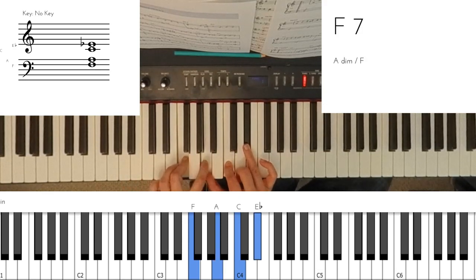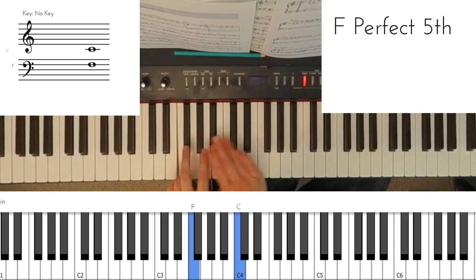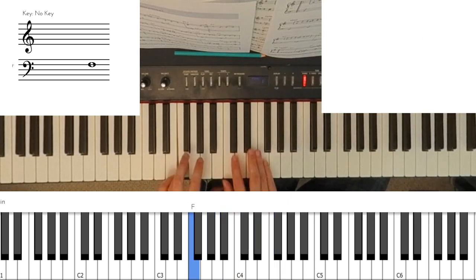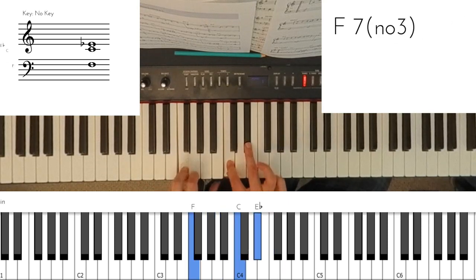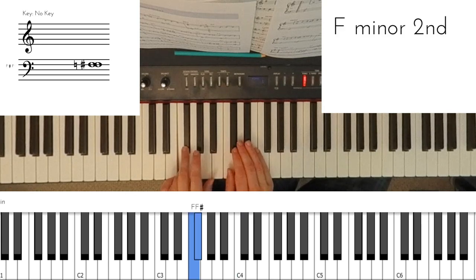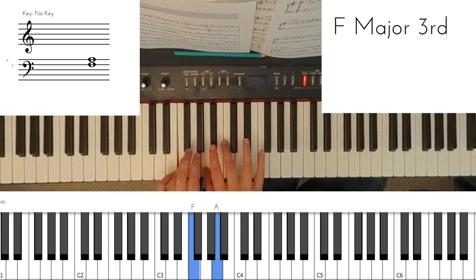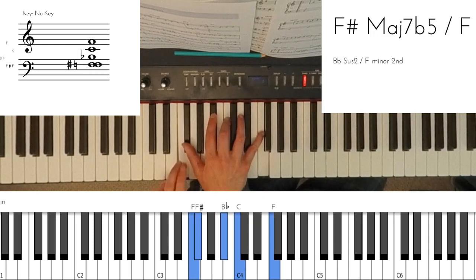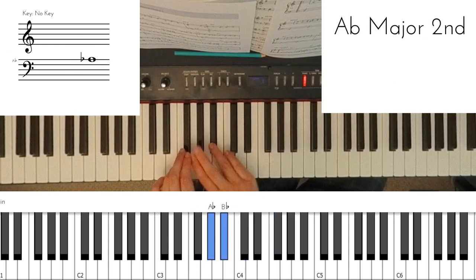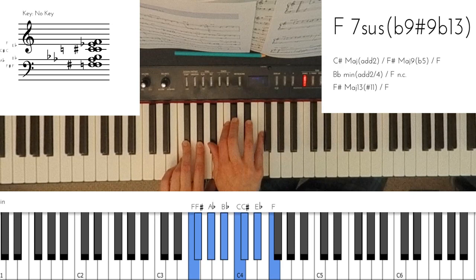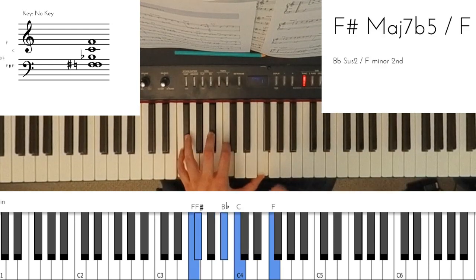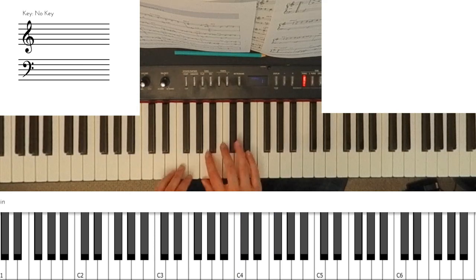Obviously the A isn't in an F Phrygian scale, but we've still got the root, the 5th and the flat 7, but no 3rd. But it's still got that dissonant sound that wants to resolve.